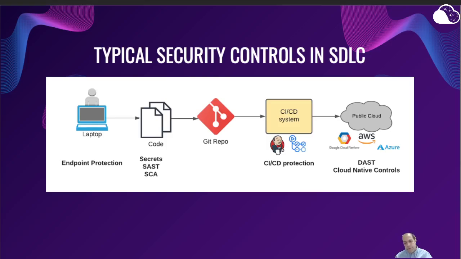And finally, for the runtime environment, there are dynamic scanners that can test that my application API security is configured correctly. And you have also some native cloud controls, like, for example, in AWS, you have the Security Hub or AWS Macie that are respectively monitoring for vulnerabilities and sensitive data in S3 bucket.